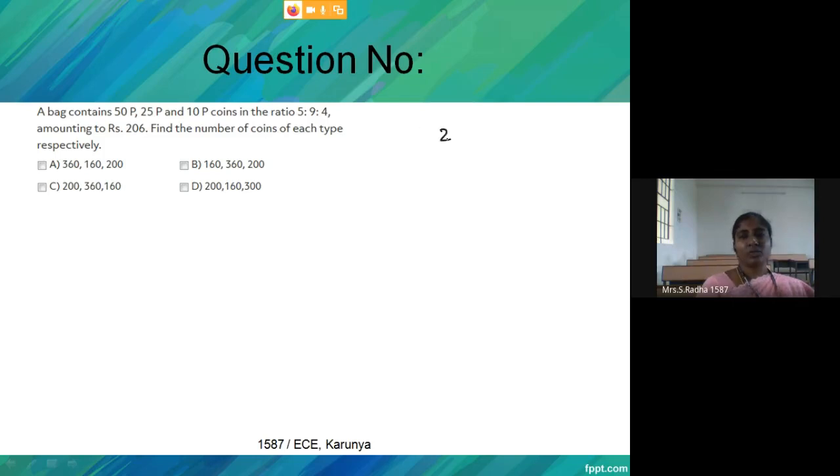So 206 rupees we are having, with 50 paisa coins, 25 paisa coins and 10 paisa coins in the ratio of 5:9:4.